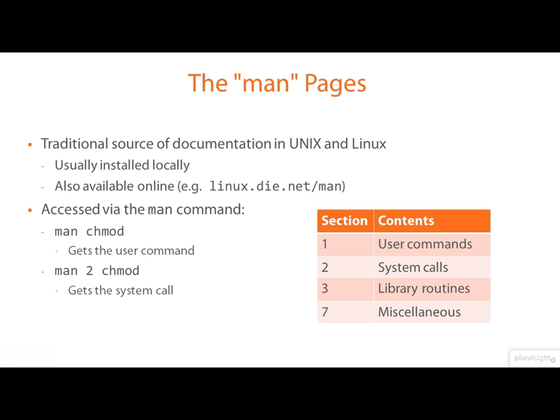So man chmod is going to get me the manual page for the chmod user command. And that command is essentially just a wrapper around the chmod system call, but if I want to get the man page for that, I need to explicitly specify the section number with man 2 chmod.